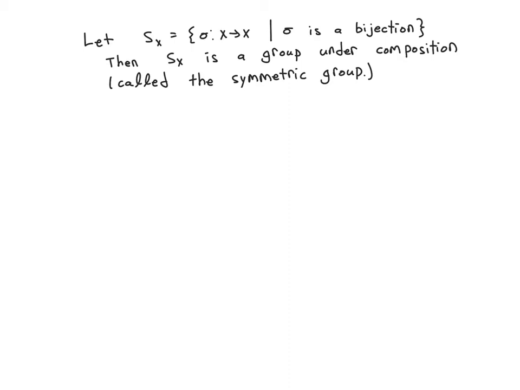It's worth noting, this set is a set of functions. So for instance, if we let X be the set {1, 2, 3}, we're looking at functions from {1, 2, 3} to itself, with the property that you end up with a bijection.